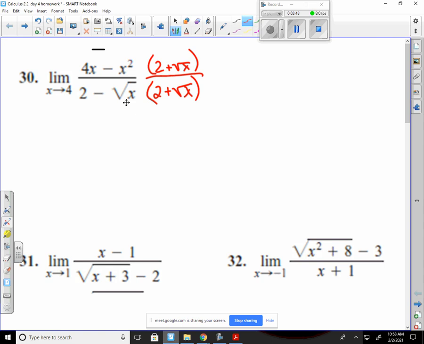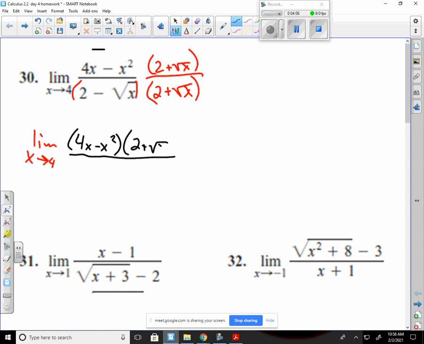Now on the bottom, if I'm to multiply this out, the limit as x approaches 4. The top I'll leave the same for now. On the bottom, this becomes 4.